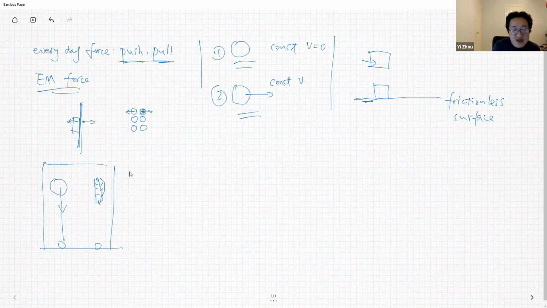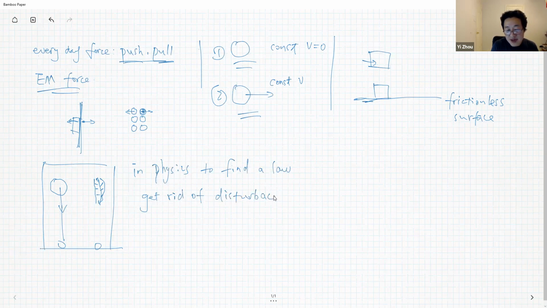So in physics, we need to find a law, the intrinsic law, and we have to get rid of the disturbance, basically the environment.